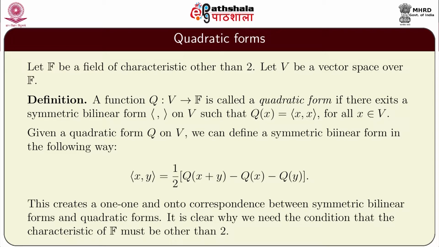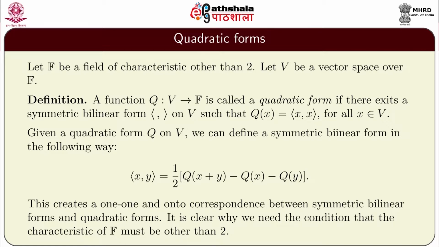Now, given a quadratic form q on V, we can define a symmetric bilinear form in the following way. So, inner product x comma y is given by half times q of x plus y minus q x minus q y.